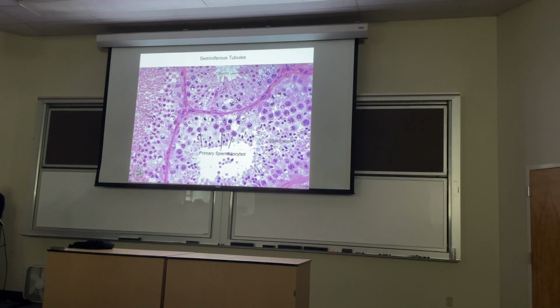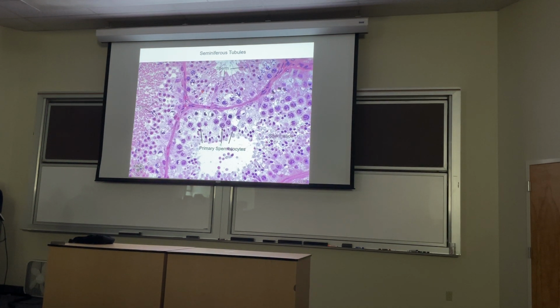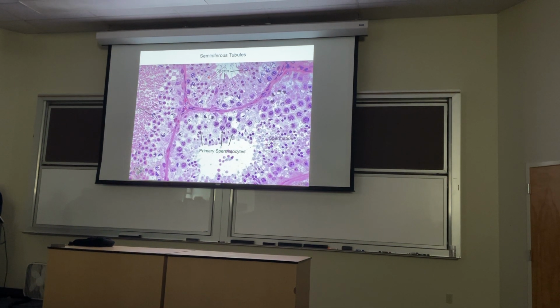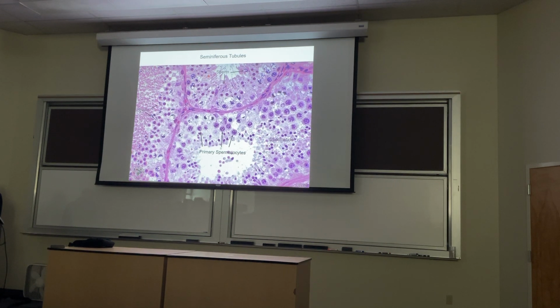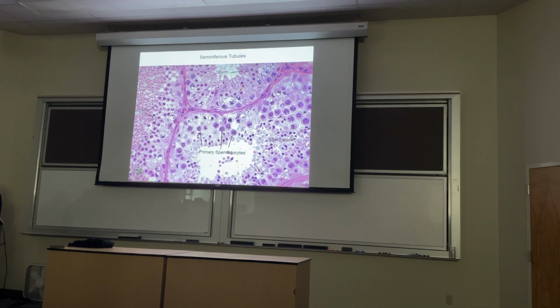And then look at all these spermatids. All of these are spermatids. And then these are the sperm. See how they're getting longer and smaller? These are the sperm. That's what I mean to say. These are the spermatids. Let me say it correctly.